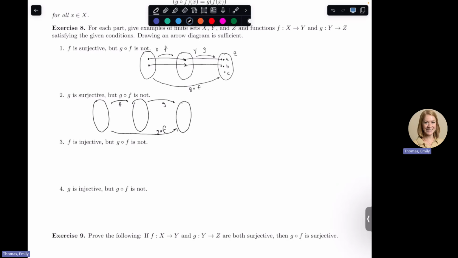I want g to be onto, but the whole thing is not. Three dots in X, 2 dots in Y, and 2 dots in Z. So I think if we do that the other way, yes.